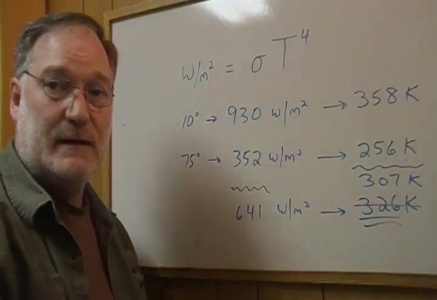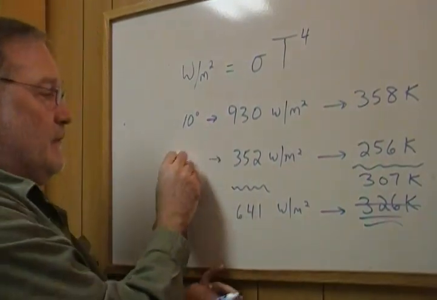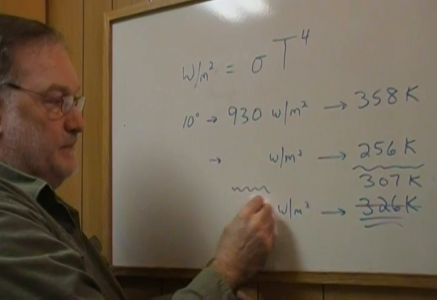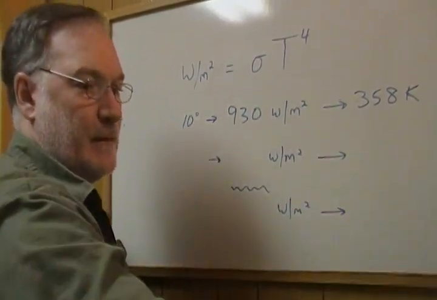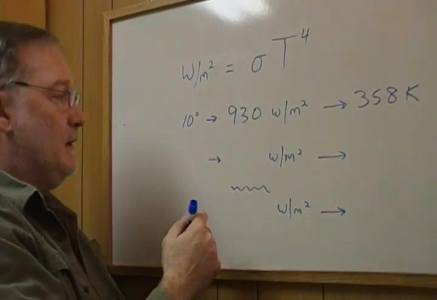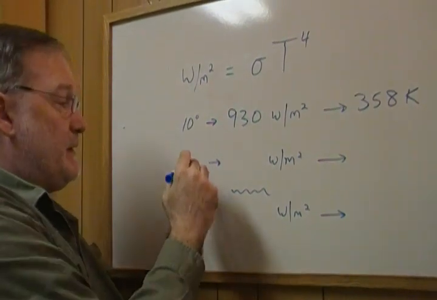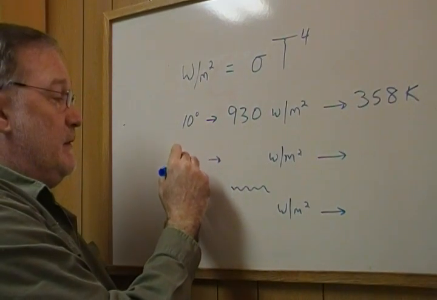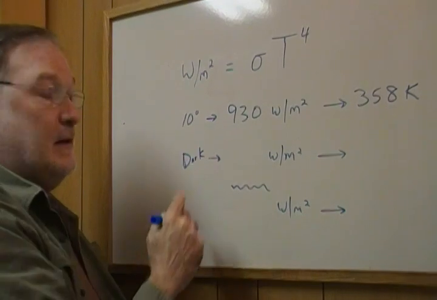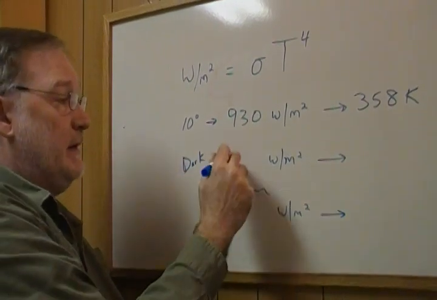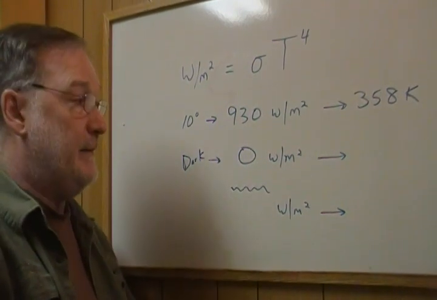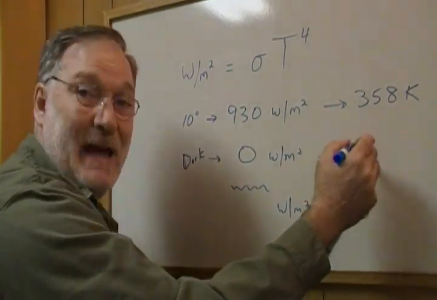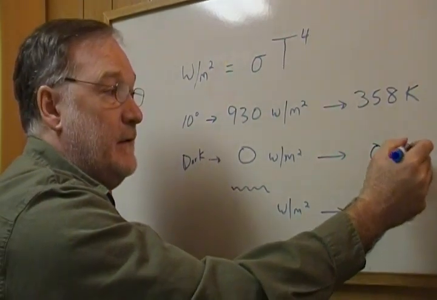So the dark side has zero radiation because it's blocked from the sun, and so it has a black body temperature of 0 Kelvin.